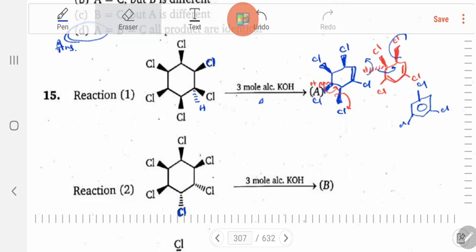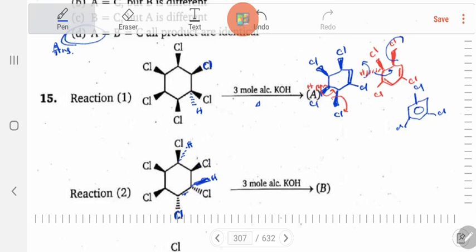This and this will be lost, forming a double bond here. Now there will be a hydrogen here. That hydrogen and this Cl, these two are in periplanar condition, so one above the plane, one below the plane. So this hydrogen and this chlorine will be lost, making a double bond here.